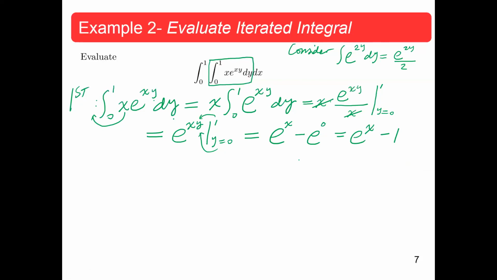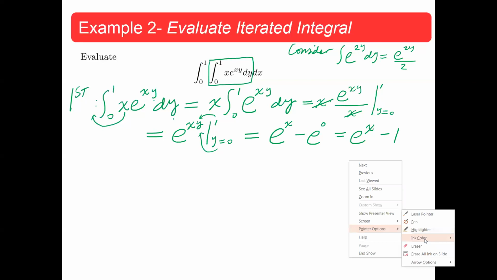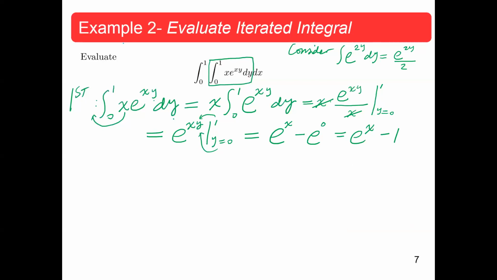Good? Okay, so this inner box just matches e to the x minus 1, right? Yep. And then we should go to the outer box. So second, let's do the integral from 0 to 1 dx, and put in what we obtained from the inner box, which is e to the x minus 1 here.